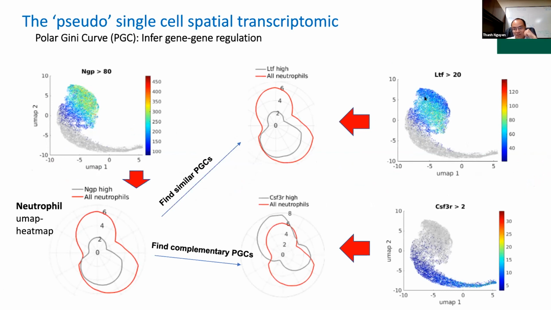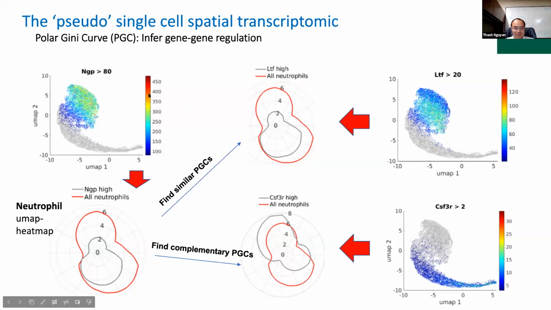NGP and LTF are highly expressed in the same kind of cells, so we have a strong correlation. NGP and CSF3R are complementary to each other in the expression plot, so they are negatively correlated.